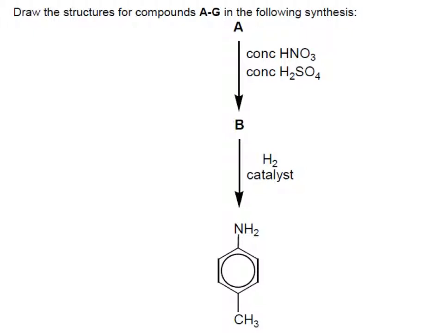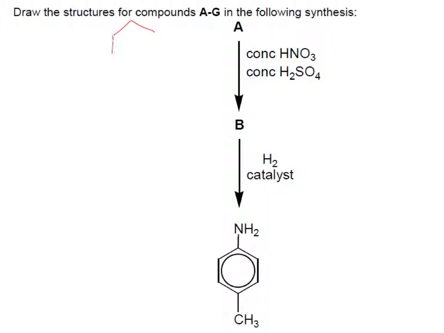Now, hopefully you will recognise the functional groups here. We've got an amine group, we've got a benzene ring down here, and then we've got a methyl group coming off that, though it's not really a functional group. But as A-level chemists, you should hopefully recognise at this point that concentrated nitric acid and concentrated sulfuric acid are used for nitrating a benzene ring.